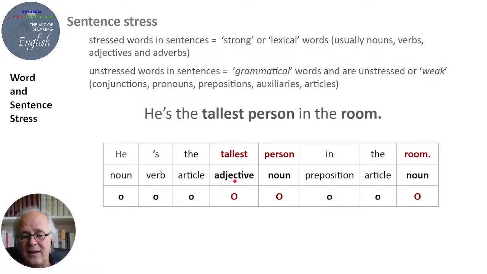The adjective is a lexical word, and person, the noun, is also a lexical word. He is a pronoun, so the pronoun doesn't get stressed. In is a preposition, and the is an article. Room is a noun, and it's being stressed. It's a lexical word. He's the tallest person in the room.